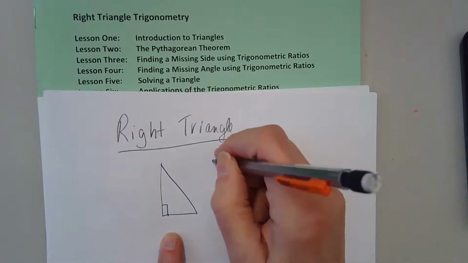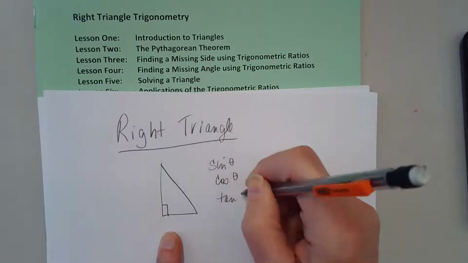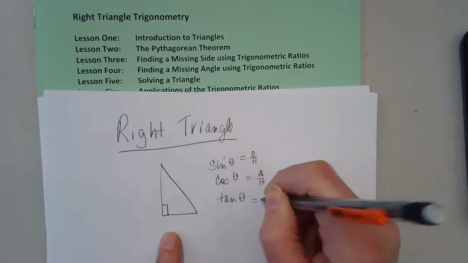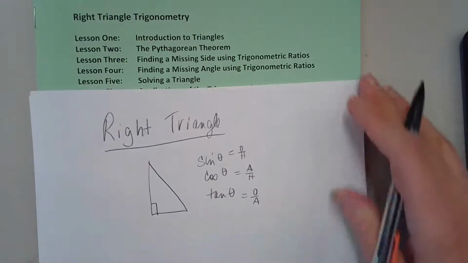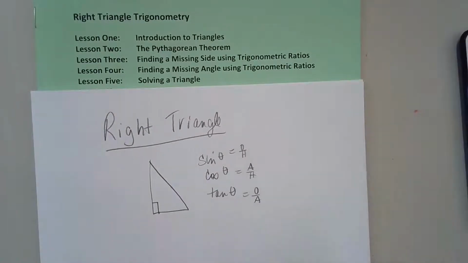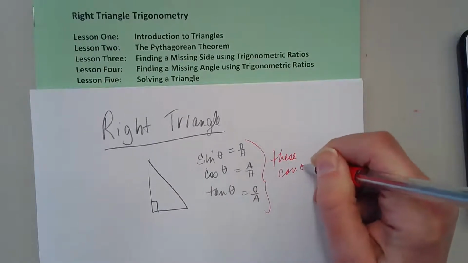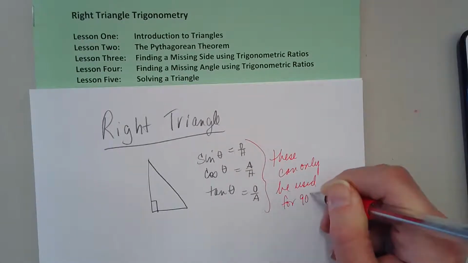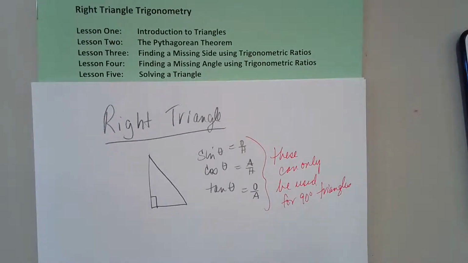All the sine and the cos and the tan ratios, like the opp over the hyp, the adjacent over the hyp, or the opp over the adjacent, can only be used for 90-degree triangles, which we've seen are great and powerful, they can solve for missing sides and missing angles.